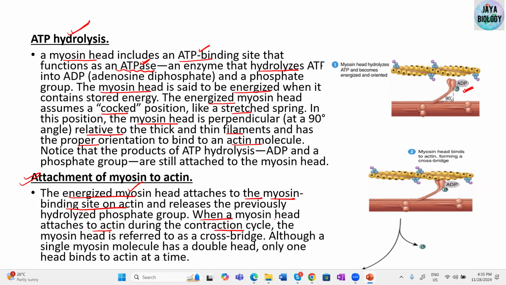The attachment of the myosin head with actin is known as a cross bridge. Although a single myosin molecule has a double head, only one head binds to actin at a time. You can see here only one is binding with the actin. After the binding, the phosphate molecule is released, the previously hydrolyzed phosphate.